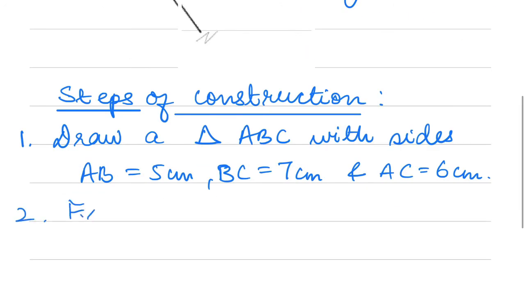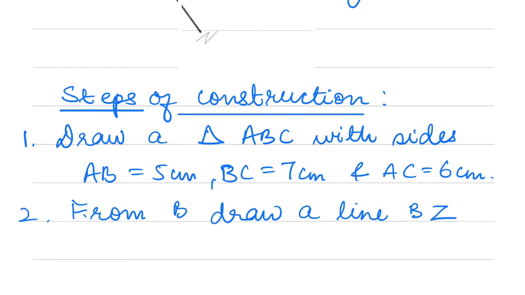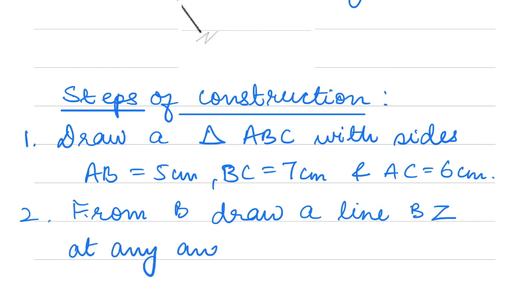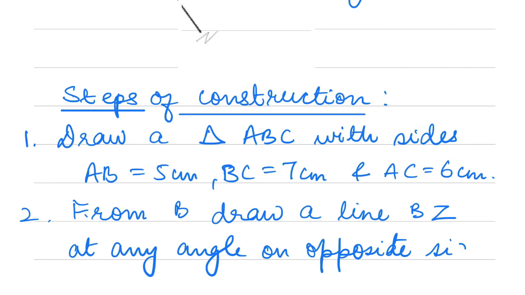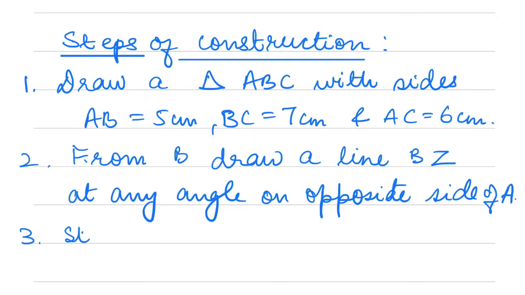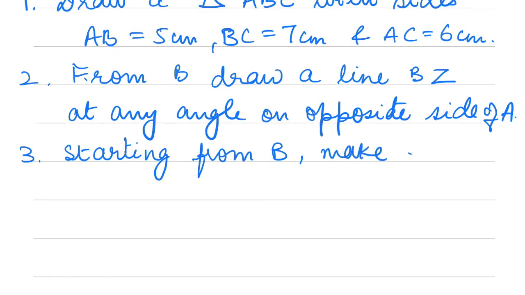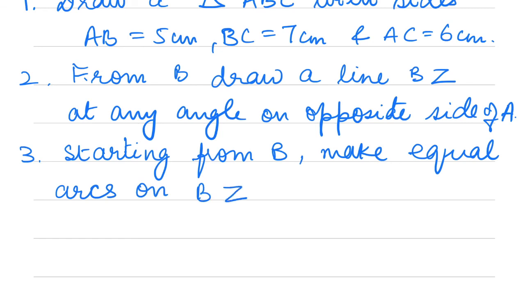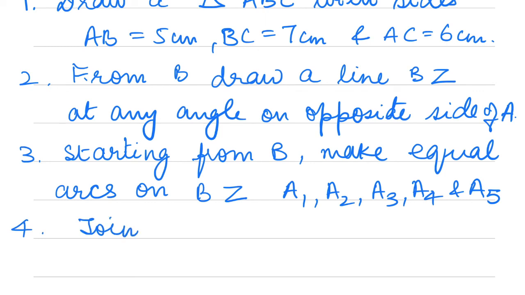Then second, from B, draw a line BZ at any angle on the opposite side of A. Starting from B, make equal arcs on BZ: A1, A2, A3, A4 and A5. Join A5 to C.